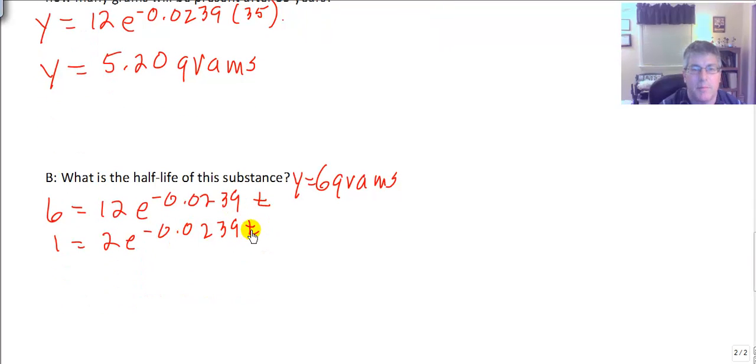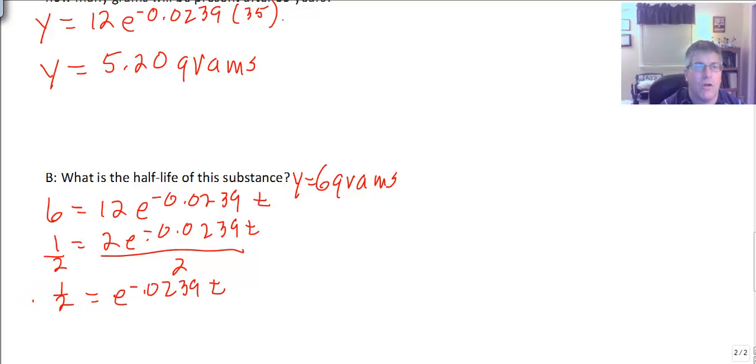Well, this one is a little bit different. Our t is up in the exponent, so we have to solve this like we solve a logarithmic equation. Okay, so now we're going to use the natural log because we've got e here. So I divide both sides by 2. I have 1/2 equals just plain old e to the negative 0.0239t. And now I'm going to take the natural log of both sides.